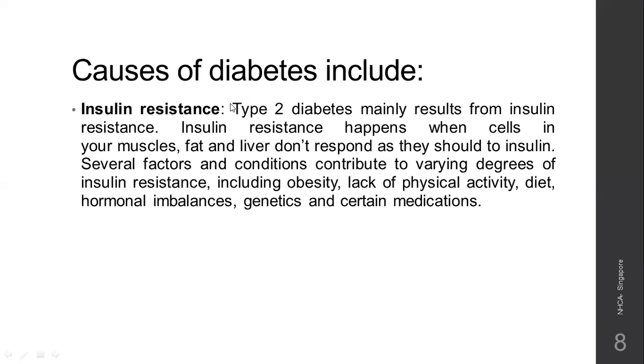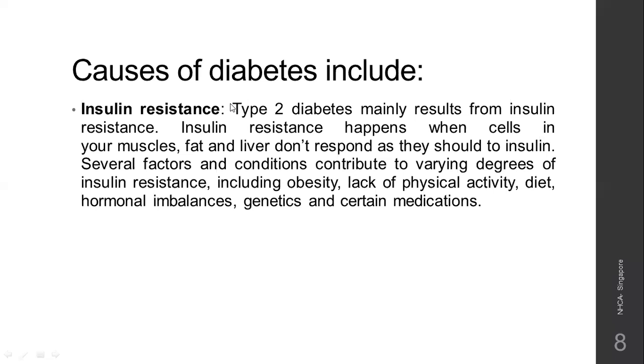And this insulin is responsible for knocking on the doors of the cells to open, so that they can take in glucose for energy purposes. But the cells are not responding to insulin, and they will not open up their pathways for glucose to enter. So the cells of your muscles will be tired. You will be tired.